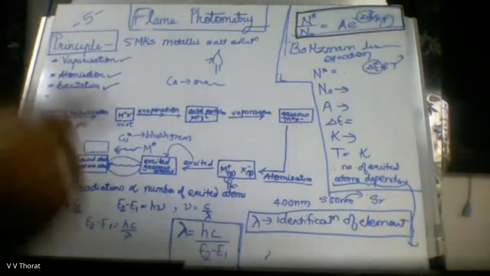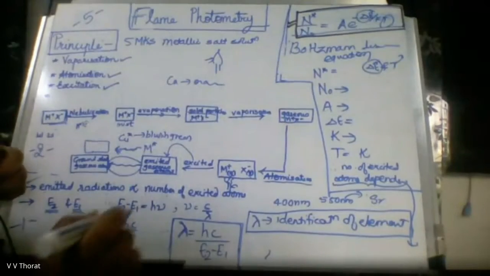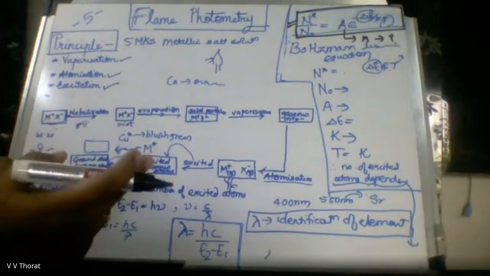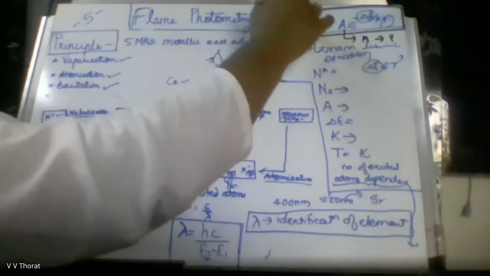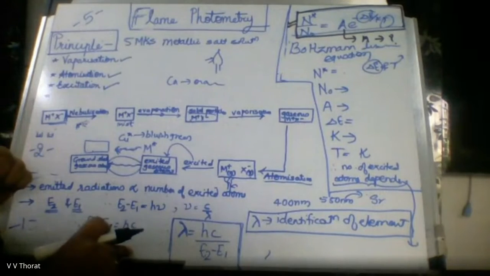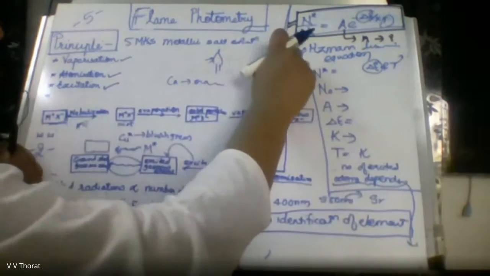Third objective question: they will give you this equation and they will ask what is A. A stands for dash. What is K? What is T? Anything. This equation is very, very important. Or they may ask, flame photometer is governed by dash equation.